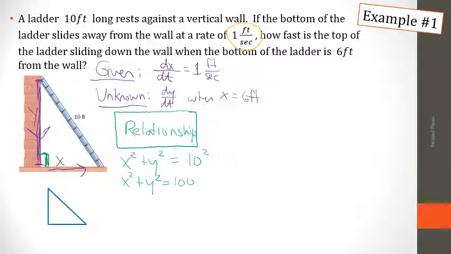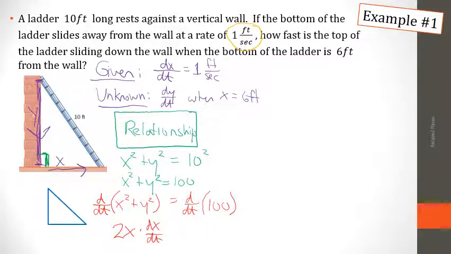Okay, so if you remember the steps, we first draw our picture, we have our given and our unknown, we have our relationship. Now we need to take the derivative with respect to time. So we are going to find the derivative with respect to time of x squared plus y squared, and that equals the derivative with respect to time of 100. So the derivative with respect to time of x squared would be 2x dx/dt.